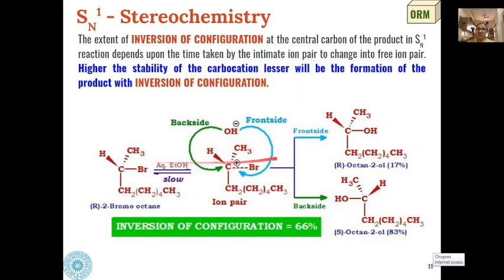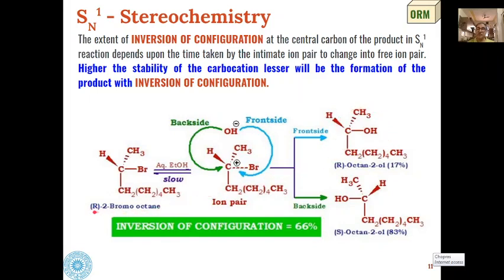So when this reaction was conducted, it was found that from the front side attack, the product with retention of configuration is formed, because here the nucleophile will get attached to the same position to which the leaving group is attached. So that is why this will have the same configuration.